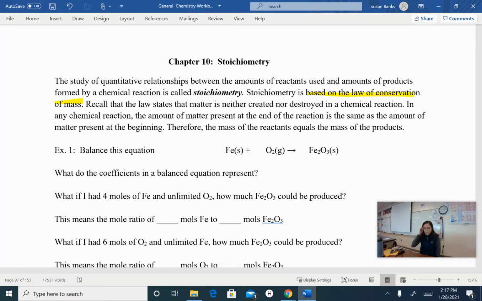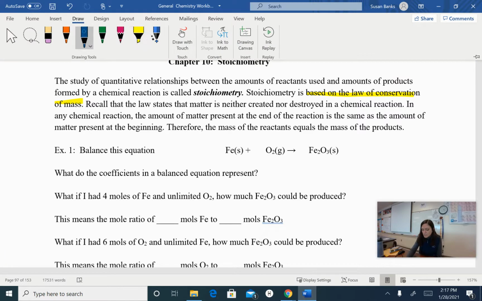Okay? So recall that this law states that matter is neither created nor destroyed in a chemical reaction. So in any chemical reaction, the amount of matter present, the mass of it, is going to be equal to the mass that comes out of that reaction. So therefore, the mass of the reactants is always going to equal the mass of the products.